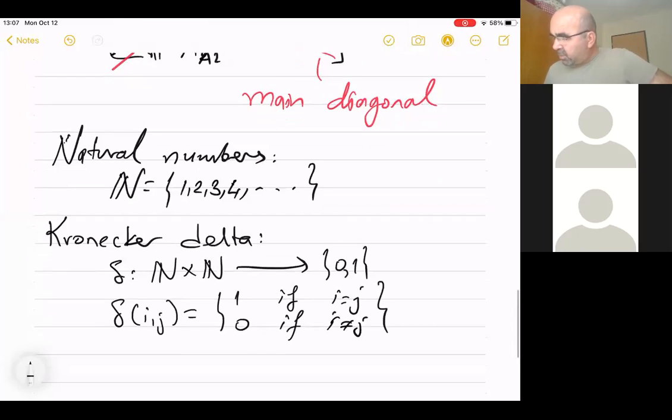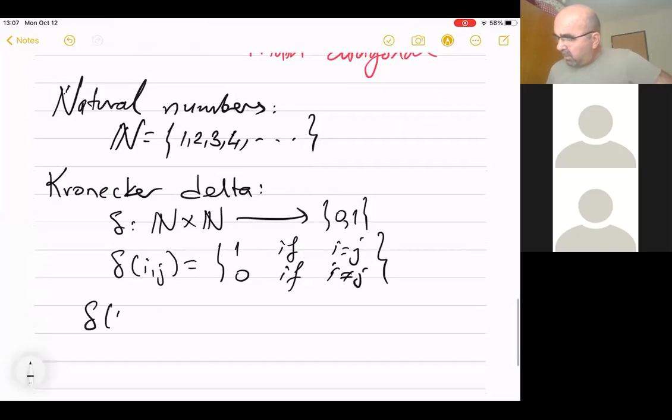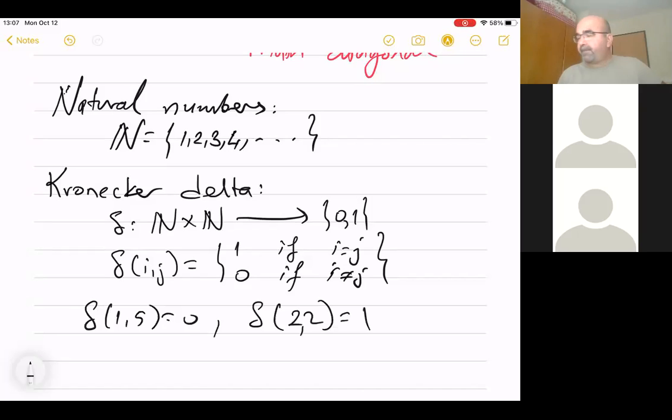So for example, what is delta 1, 5? That's 0 because 1 and 5 are different, but delta 2, 2 is 1 because they are the same.